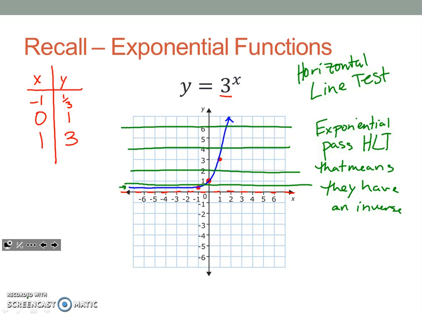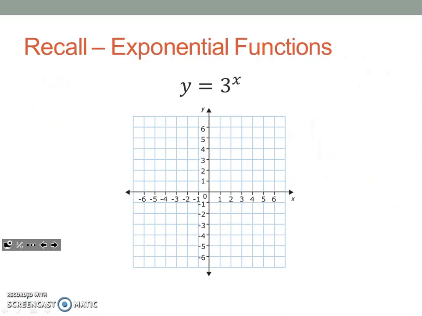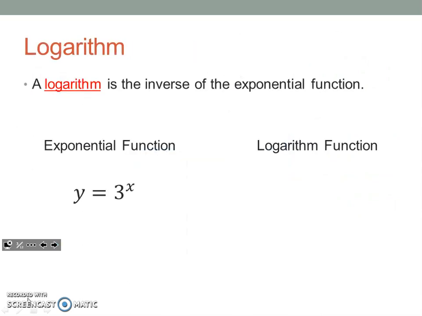So what are their inverses then? Well, a guy by the name of Napier decided that the inverses of exponential functions were going to be called logarithms. So by definition, a logarithm is the inverse of an exponential function. Okay? So if we're looking at our function here, y equals 3 to the x power, the inverse of this function is going to be y equals log.